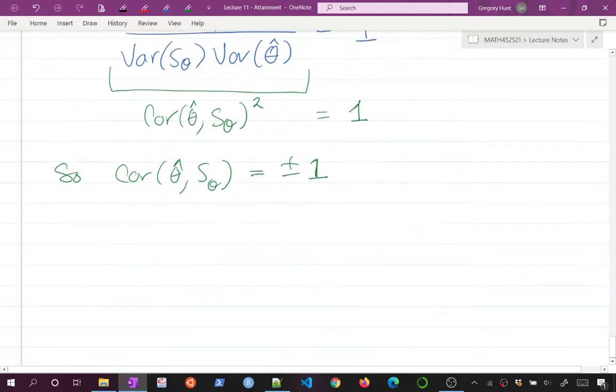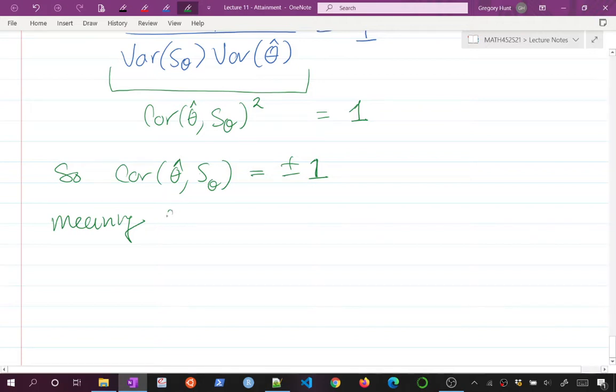What this means is that, and I don't know if we proved this in 451, it might be a little beyond the scope there, but people will believe me that things are perfectly positively or negatively correlated if and only if they are linear functions of each other.